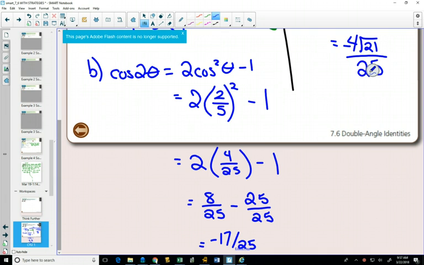Now, we were told that theta was in quadrant 4. And now that we've answered A and B, you should be able to tell me what quadrant 2 theta is in.